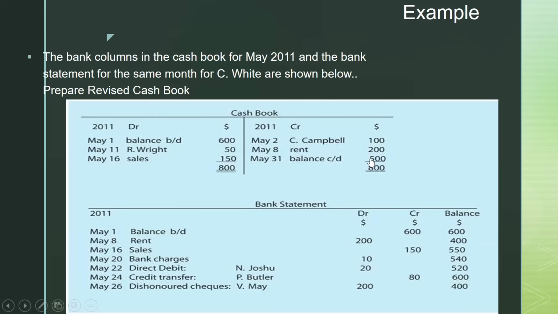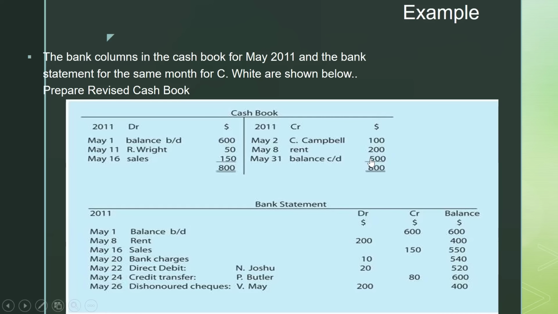Now, how do we know where to record it? Two things we could look at. First one, if we get in money or spend money. If we get in money, we know it goes on the debit side. If it's costing us money, it goes on the credit side.